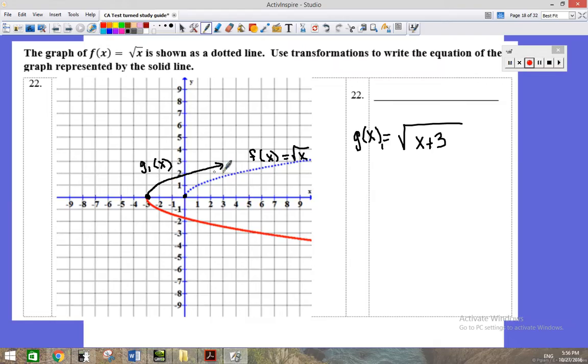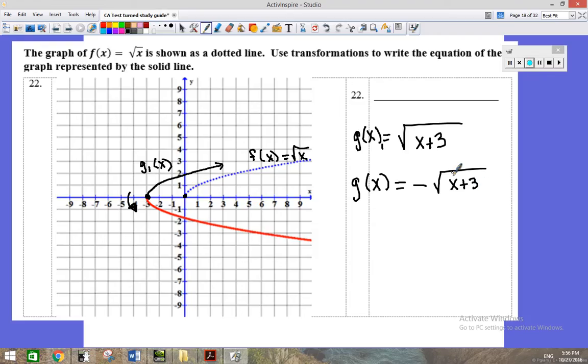Now we work with this result and we reflect it across the x-axis. So we need a negative sign, and since it's across the x-axis, it's after you've taken the function, it's applying to the output. So our final answer for this one is the opposite of the square root of x plus 3.